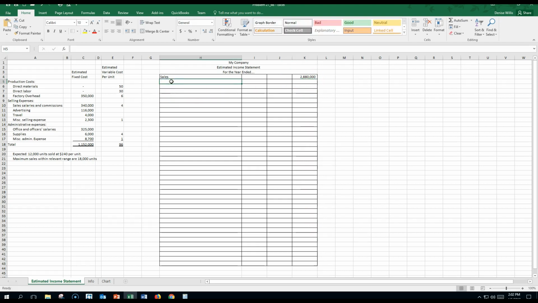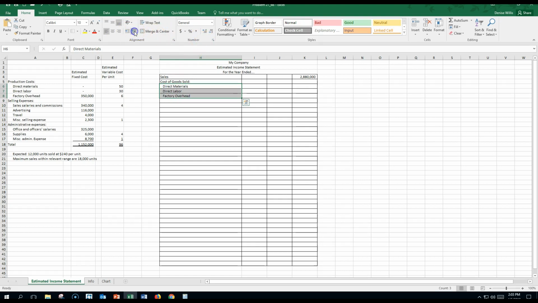Next, I need to calculate my cost of goods sold. That is going to be made up of direct materials, direct labor, and factory overhead. And I'm going to indent these slightly so it has a nicer format.